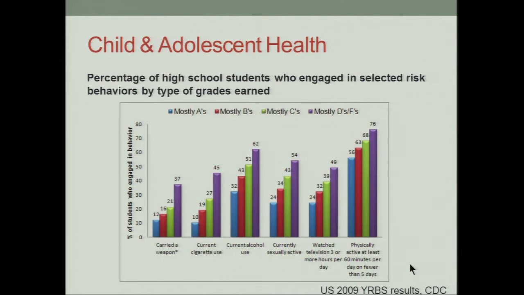As you can see, across each of these outcomes, whether it's carrying a weapon, using cigarettes, using alcohol, being sexually active, having lots of screen time, or being physically inactive, students with better grades have better health outcomes across the board. And again, these relationships have been seen repeatedly over many, many samples.